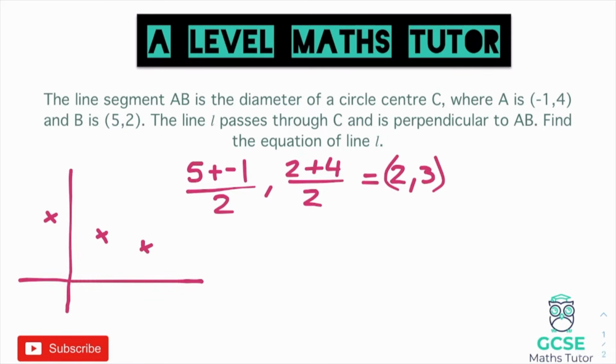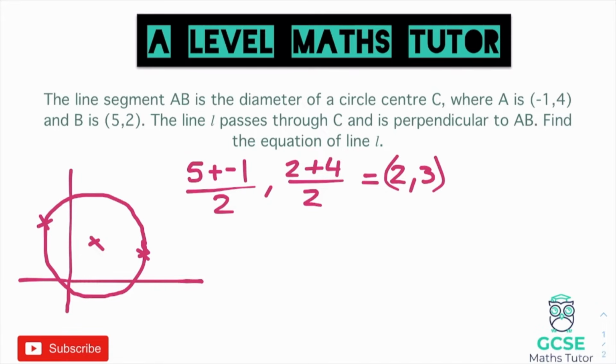Obviously, you're not going to be able to draw a perfect sketch, but you can just have something to help you visualize it. If my centre doesn't look fantastic, you can always get rid of these coordinates and put them back on so it suits your diagram. So let's say it's there, there, and there.